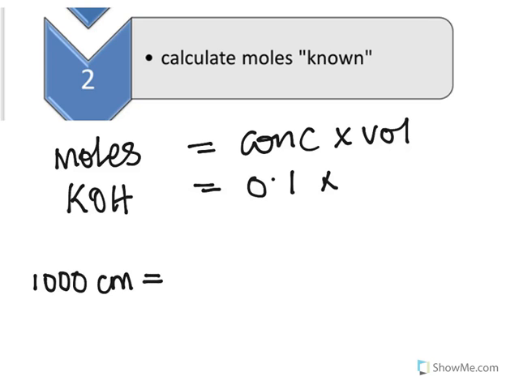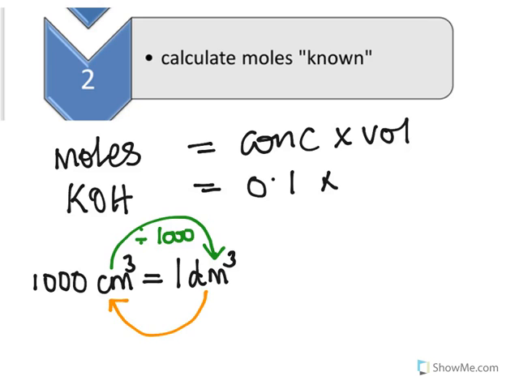Now, to make sure that you get this the right way round, sometimes it is worth writing it down. Let's go from centimetres cubed to decimetres cubed. We see that the number is getting 1,000 times smaller, so we need to divide by 1,000. If we were going from decimetres cubed to centimetres cubed, the number is getting 1,000 times bigger, so we would multiply by 1,000.